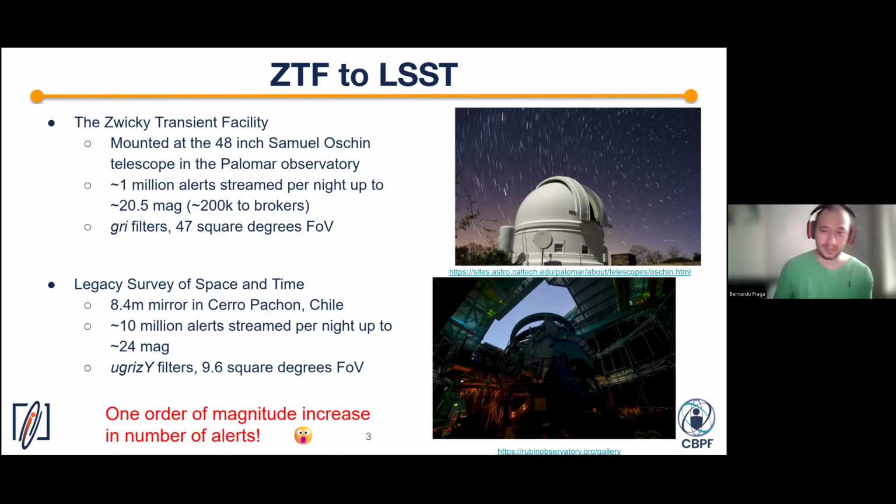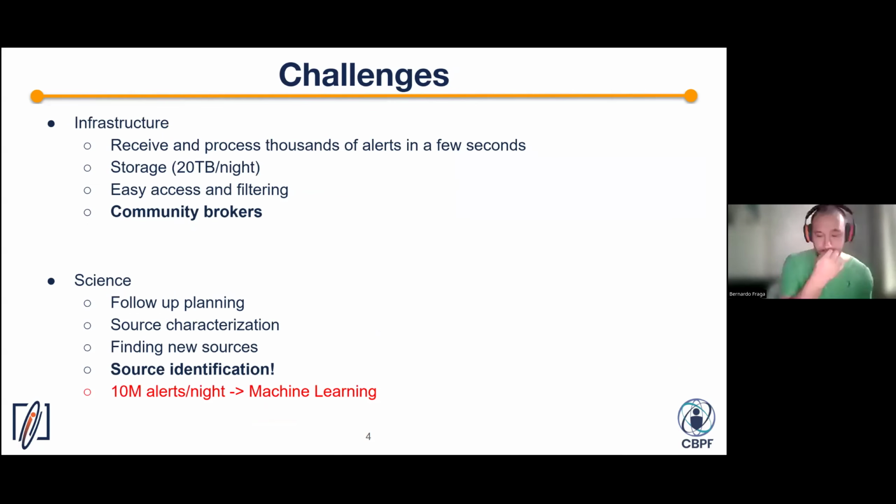This poses a lot of challenges, some related to, for example, infrastructure, because we, by which I mean the community itself, need to receive these alerts, which come from an automated difference imaging pipeline, and process them in a few seconds, because LSST will stream basically continuously, and if you miss something, that is a problem. Storage is a smaller problem, since today's storage is cheap.